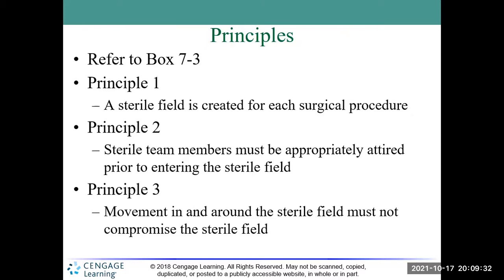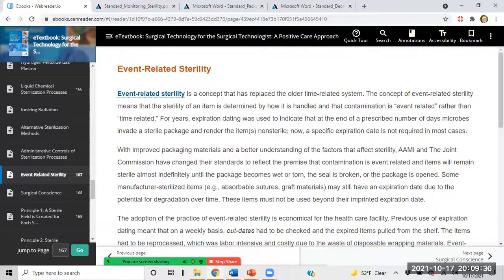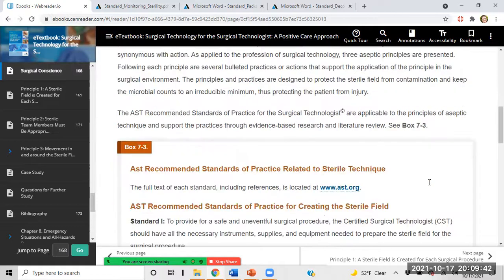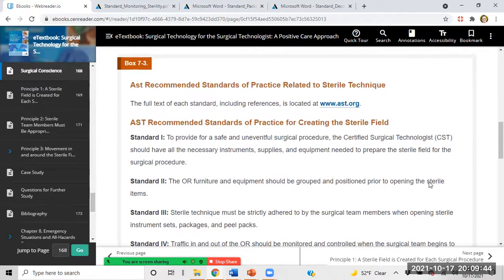Now, these principles, you can find them in this box 7-3, and look at the recommended standards of practice.